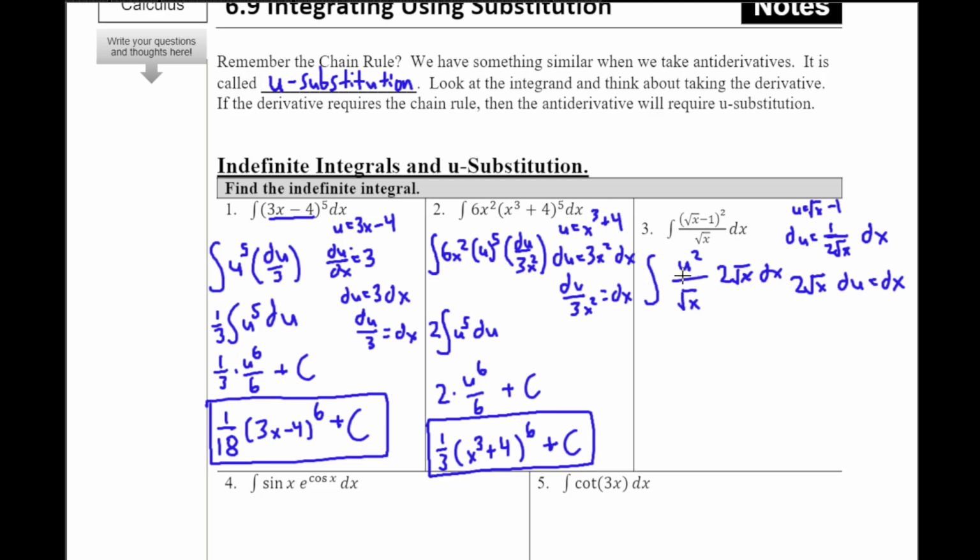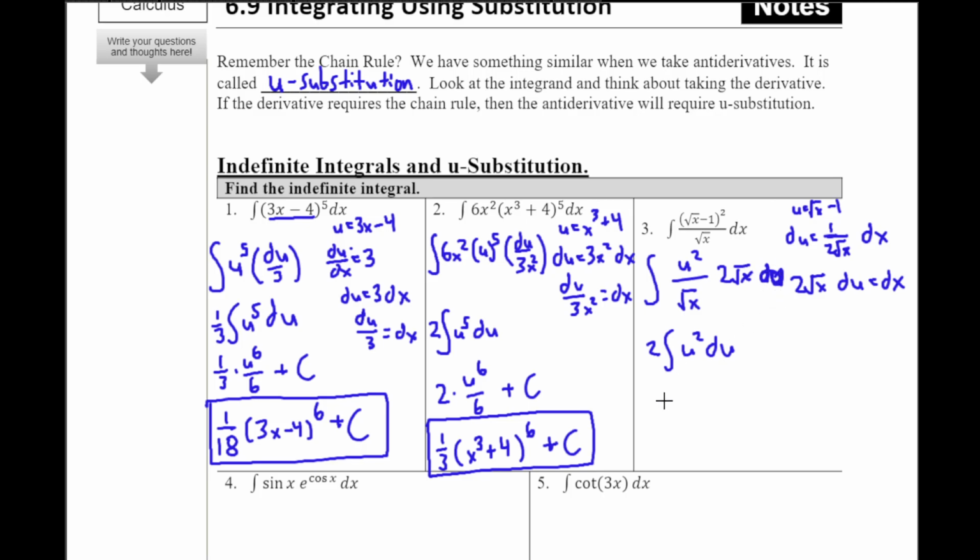So if you see here, the root x on the top and bottom cancel out. And you just have a 2u squared on the top. So 2 integral of u squared du. Oops, I messed this up. This should be a du, not a dx. My bad there.